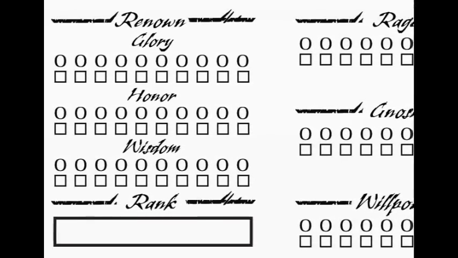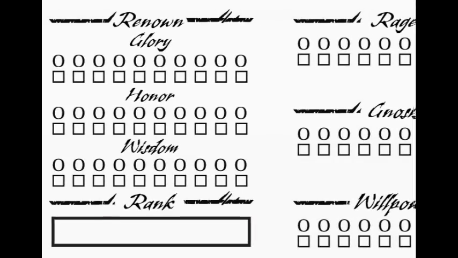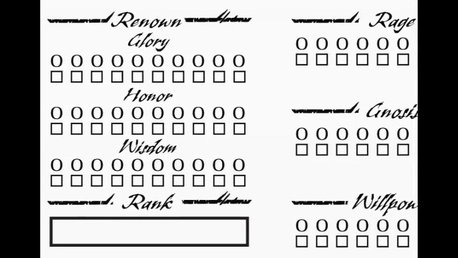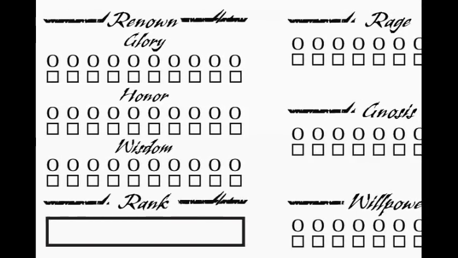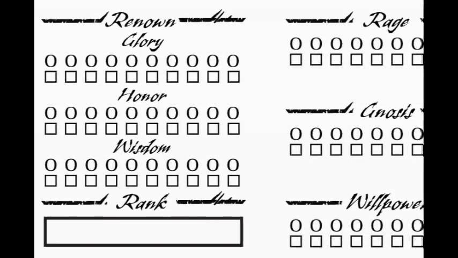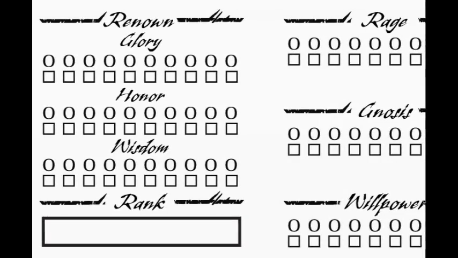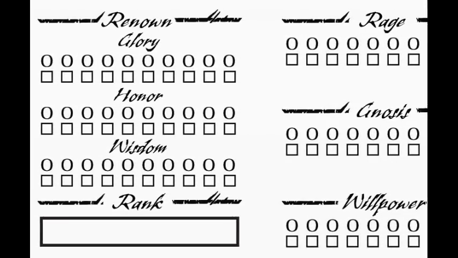Willpower, basically mind over matter. When you're doing something that requires a willpower roll, in any context that you can imagine where willpower comes into play, you will do a willpower roll based on what your permanent amount of willpower is, and you can bypass that by spending one of your temporary willpower points.